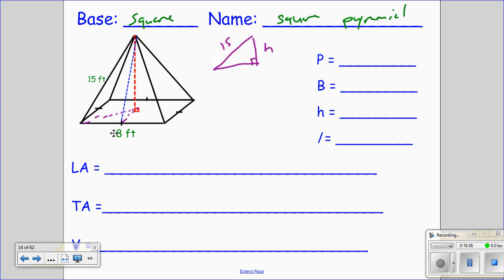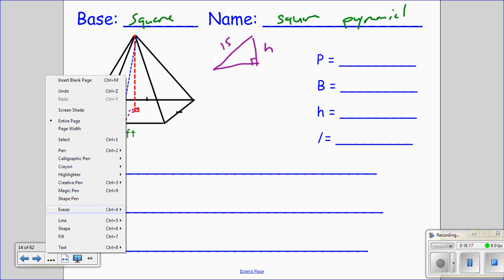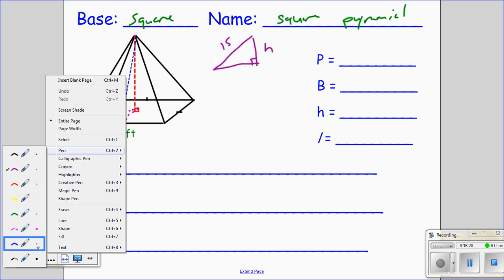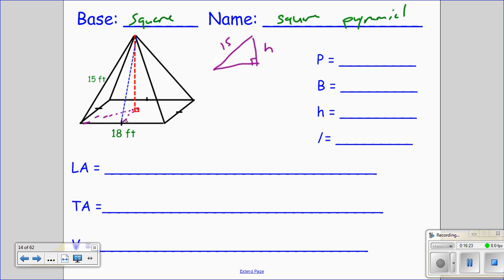But since it's a square on the bottom, we know that from the center to the edge is 9 feet. So from this distance is 9 right here. From the blue dash line to the vertex is also 9. So that makes it an isosceles right triangle because there is a right angle in this little corner right here.